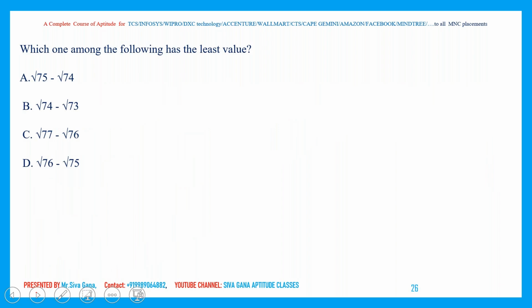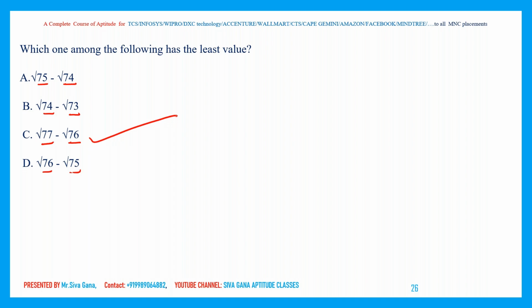Which one of the following has the least value? My sincere advice is to take the help of the on-screen calculator or just observe the options. The difference between the larger numbers is smaller. Root 77 and root 76 are both bigger numbers compared to the other options.